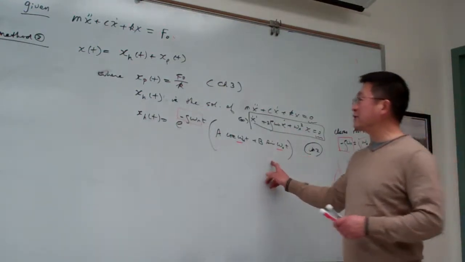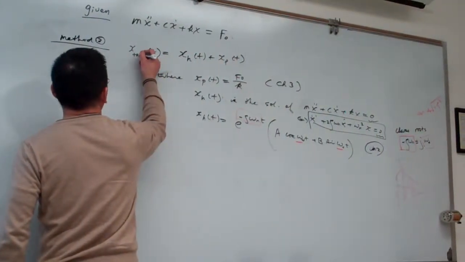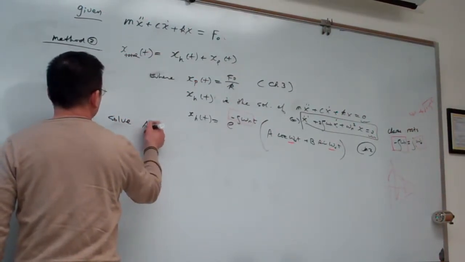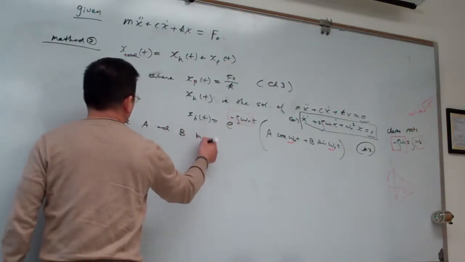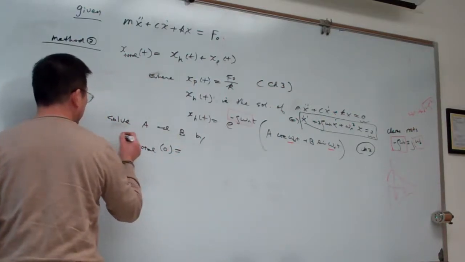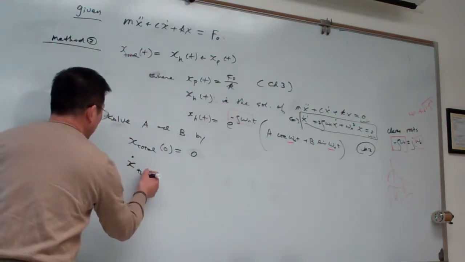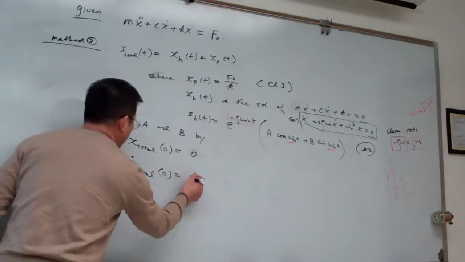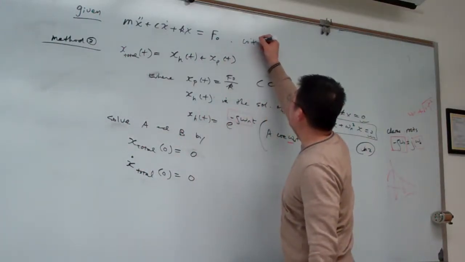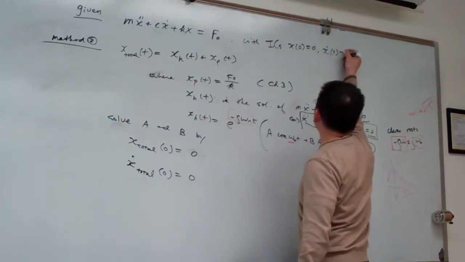Okay, so now with everything together, we can replace this as the total solution. Then we solve for A and B by imposing the initial conditions on the total solution: x(0) equal to 0 and the total velocity x dot(0) also equal to 0.